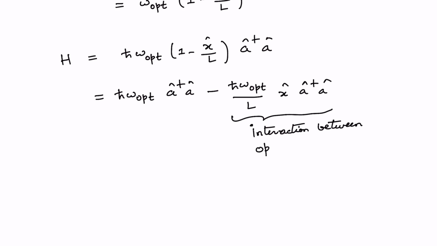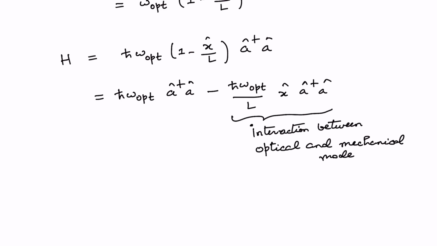Optical and mechanical mode. From the mechanical mode, this position operator is coming, and the movement of the movable mirror is happening like a simple harmonic oscillator, and a typical frequency of this movable mirror is in the range of kilohertz to megahertz.